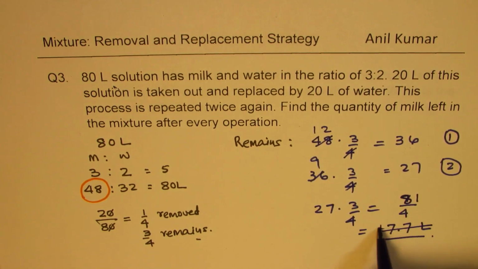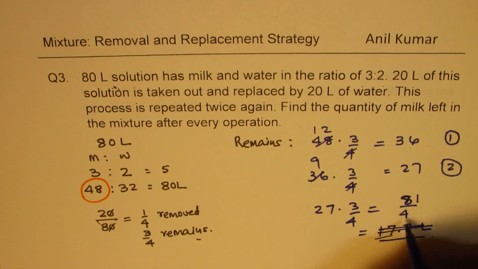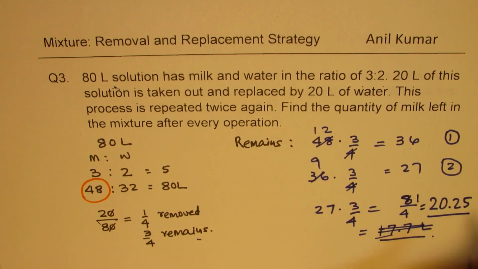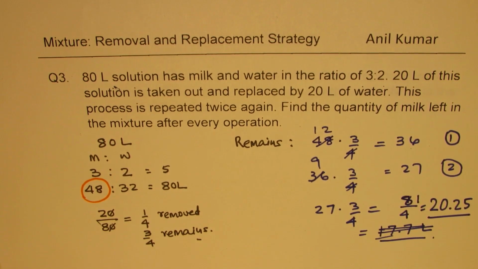So 81 divided by 4 will go 20 times with a remainder, that is equal to 20.25. So 20.25 will be our answer. So these are the 3 quantities which will remain. That is how you should be solving this question.